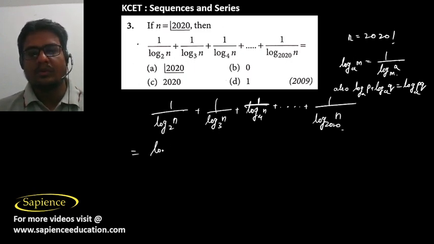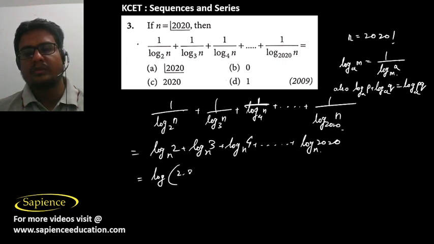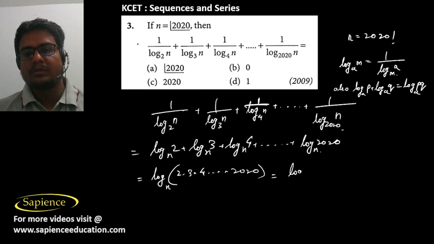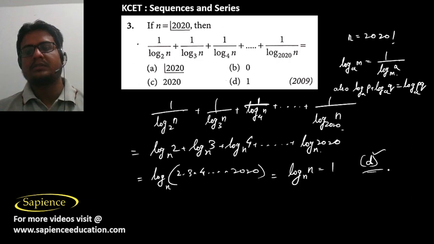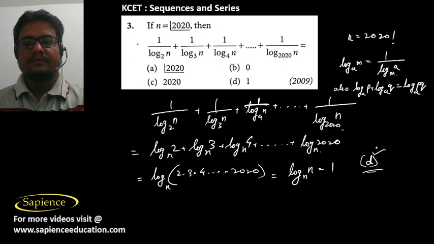So that will be equal to log 2 base n plus log 3 base n plus log 4 base n plus dot dot dot plus log 2020 base n. So this will be log of 2 into 3 into 4 into till 2020, base n. So this is n actually, log n base n, that is equal to 1. So option D is the correct answer.